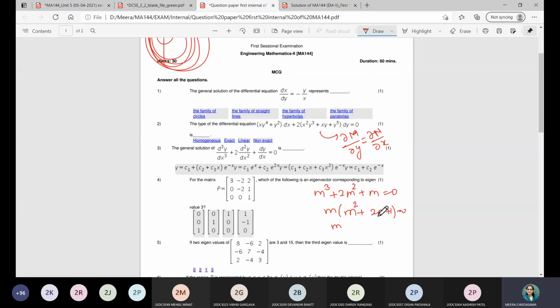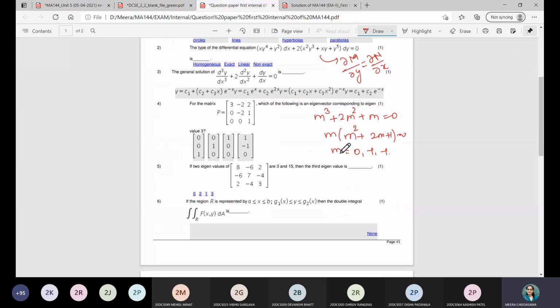So this is perfect square of m plus 1 whole square. So the roots are 0, -1, -1, so corresponding to 0 you will get c1 into e raised to 0, plus corresponding to -1 it will be c2 e raised to x, and this is repeated, so we have to multiply it with x. So this is what the solution will be, right?